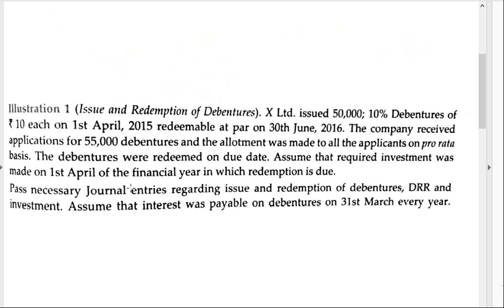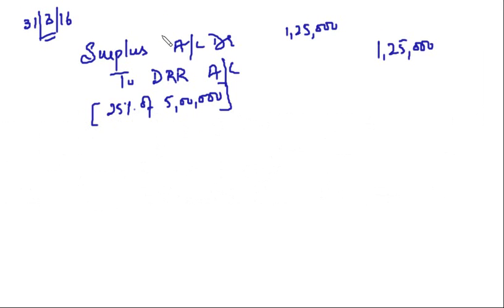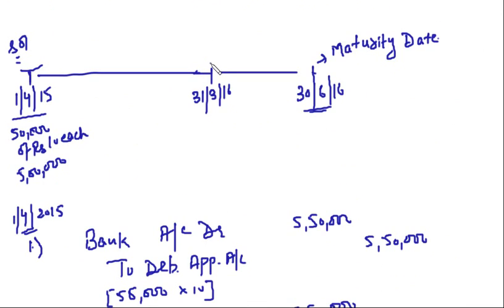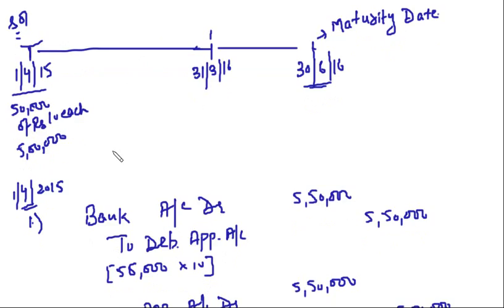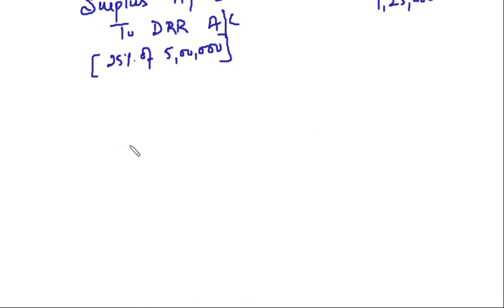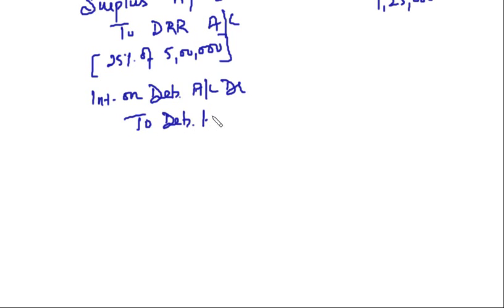See the last line of the question. They say interest was payable on debentures on 31st of March every year. Now at this point you have to pay interest also for this 1 year. Interest on 5 lakh rupees at the rate of 10%. What is the entry for that? Interest on debentures account debit to debenture holders account.